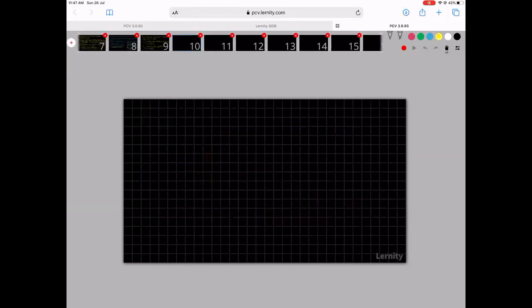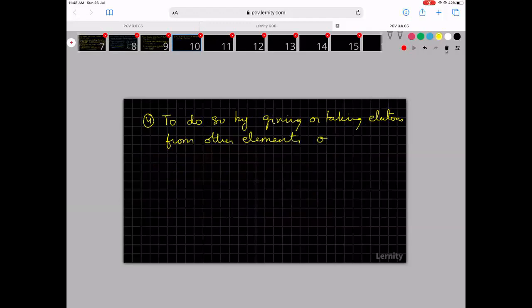Okay, how do they do this? They do so by giving or taking electrons from other elements, or, this is very important, by sharing electrons.